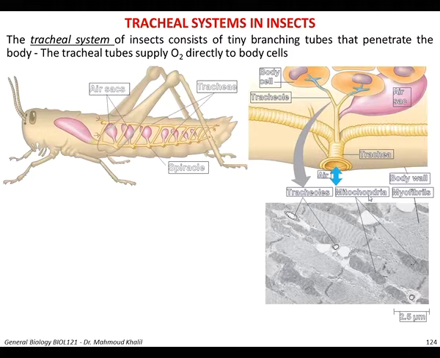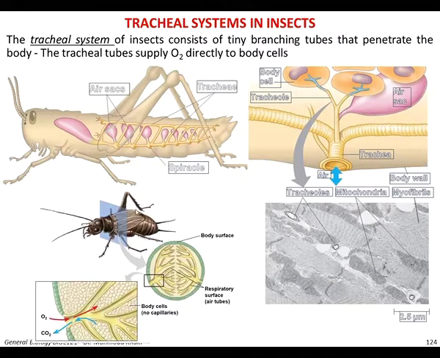There is a lot of mitochondria, which is used for the generation of ATP, the currency unit of energy in the bodies of animals. This mitochondria is waiting for the oxygen coming through the spiracle and the tracheal branches.